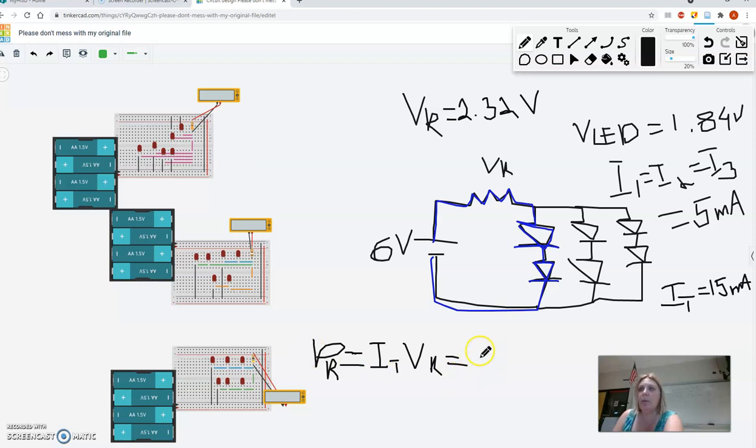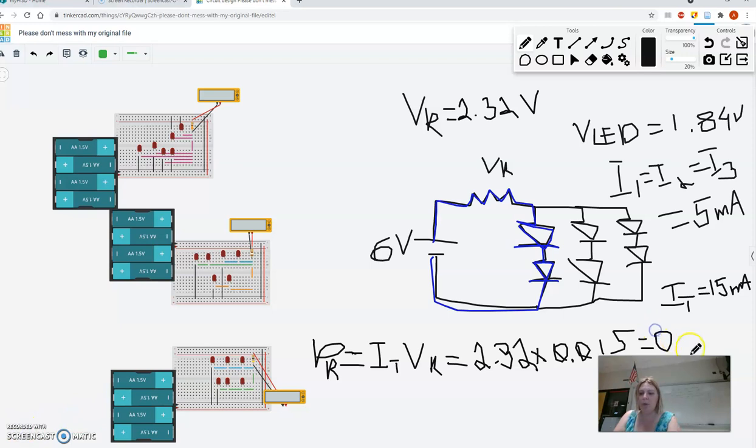So let's plug in the numbers. I've got 2.32 times 0.015. What is that going to be?